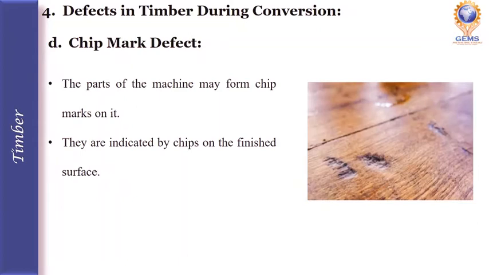The final defect is the chip mark defect. When the timber is cut through the planing machine, the parts of the machine may form a chip mark on the surface of the timber. Usually, they are indicated by chips on the finished surface of the timber. So these are the defects caused in the timber during conversion.